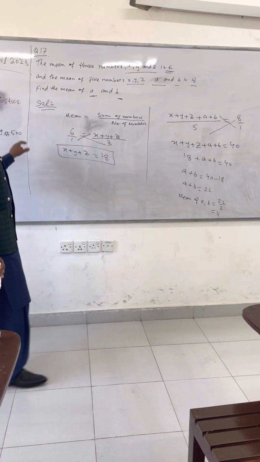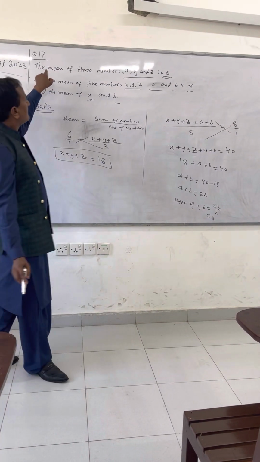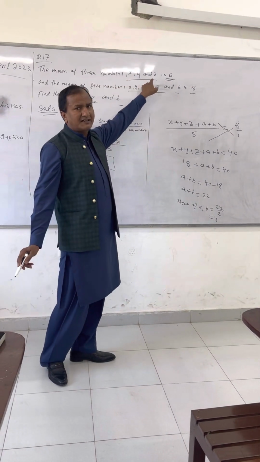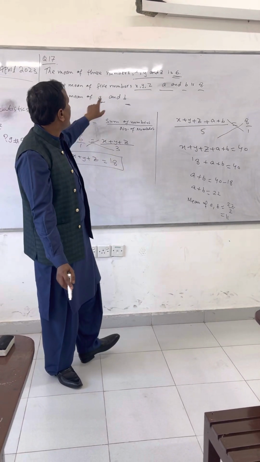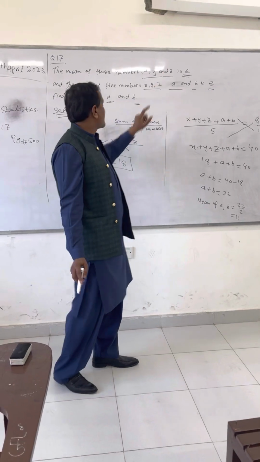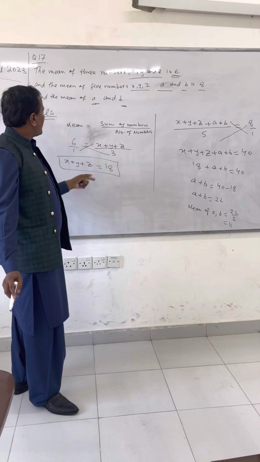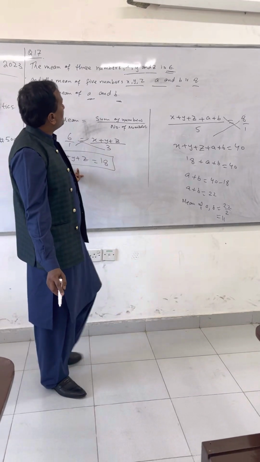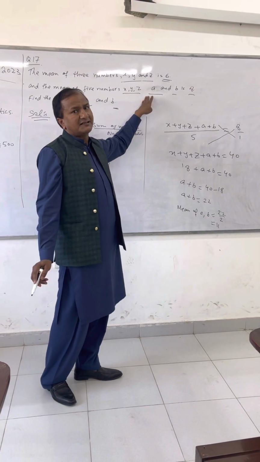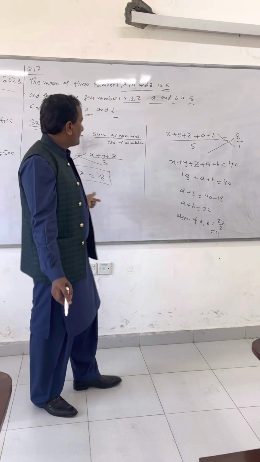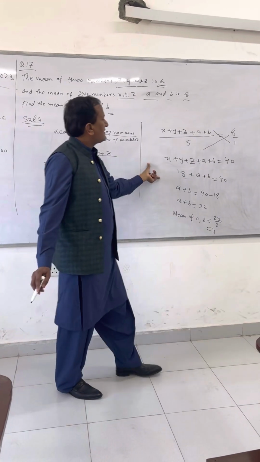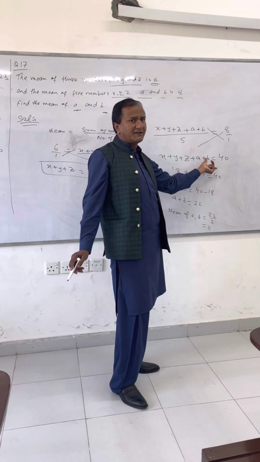Please listen again to this question. The question was, first, the mean of the three numbers is given, which is 6. We find the total sum of the numbers x, y and z, which is 18. Then, the second part of this question is the five numbers: three numbers x, y and z, and the two added numbers a and b. Now, we find the total sum of the five numbers, which is 40.